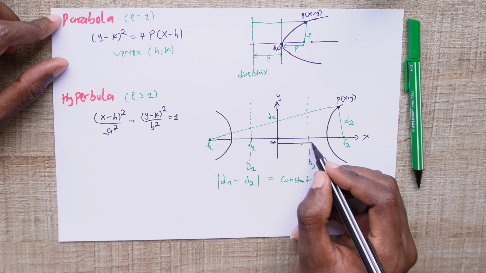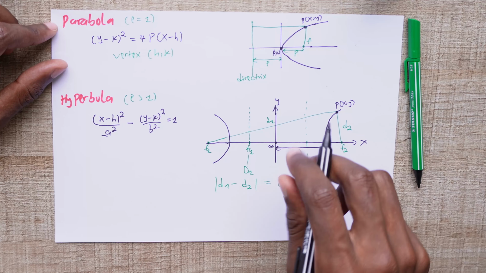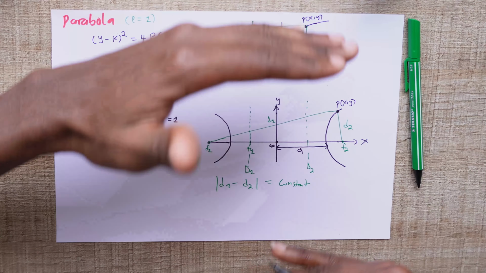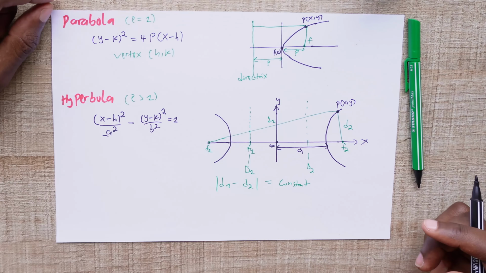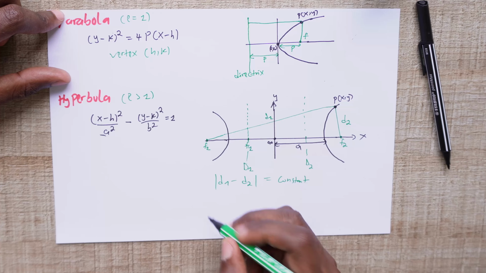This is a, and it's the same distance the other way. And then b is a parameter that would determine the shape of the hyperbola.